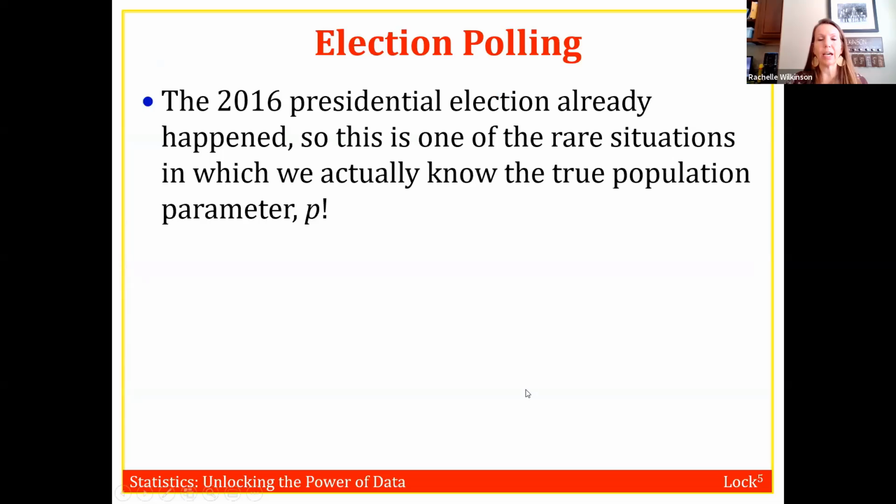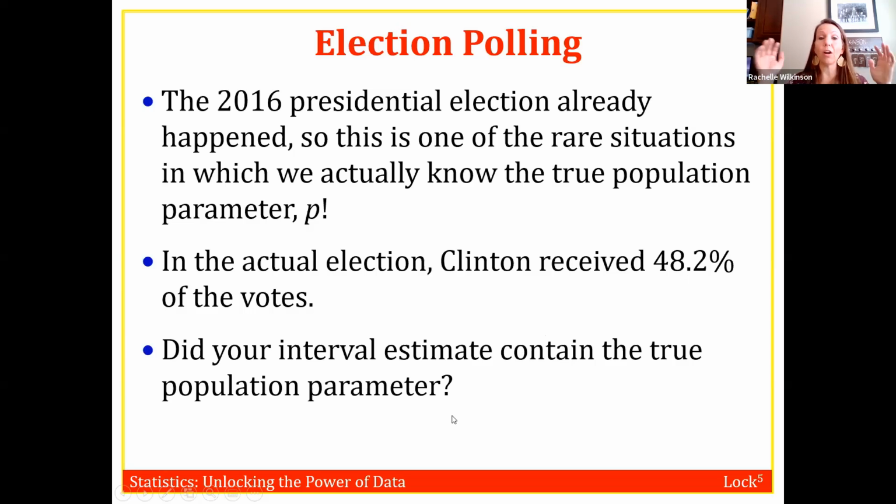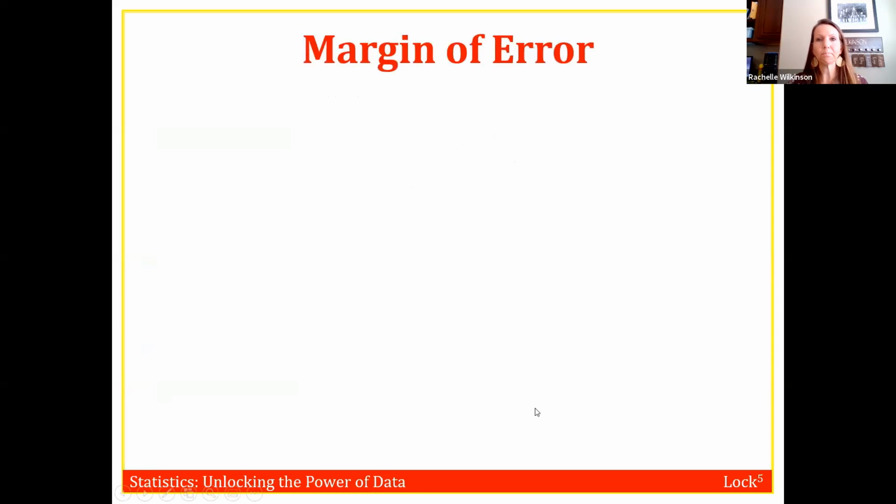If we look at the actual 2016 election, Clinton received 48.2% of the votes. So did our interval estimate contain 48.2? Did it have the true value for people that voted for Clinton in it? Yeah, it went from 46.9 to 53.1, so 48.2 is in that interval. Our interval did capture the true proportion of people who voted for Clinton.